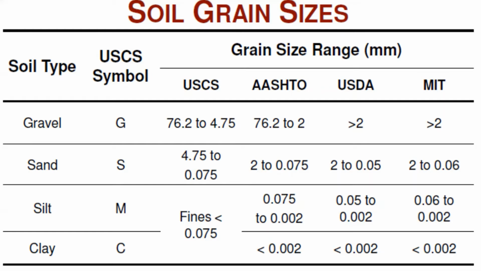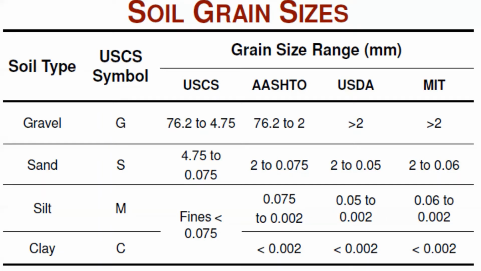I am talking about the USC symbols. Gravel is represented as G, sand as S, silt as M, and clay as C. In the Unified Soil Classification System, 76.2 millimeter to 4.75 millimeter is the category of the gravels.